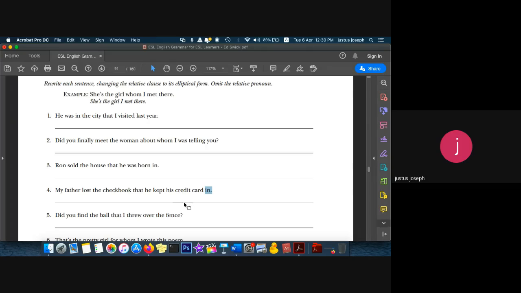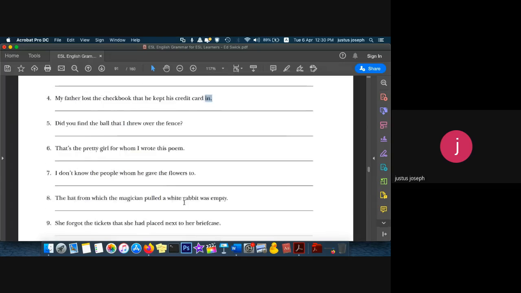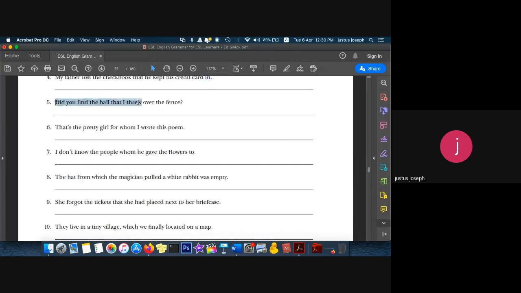Chalo, I hope that was clear. Fifth, that is a question. Leave that. Sixth, that's a pretty girl for whom I wrote this poem. How can we remove the elliptical here?